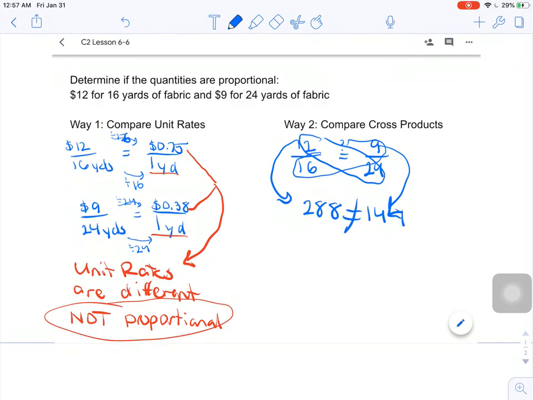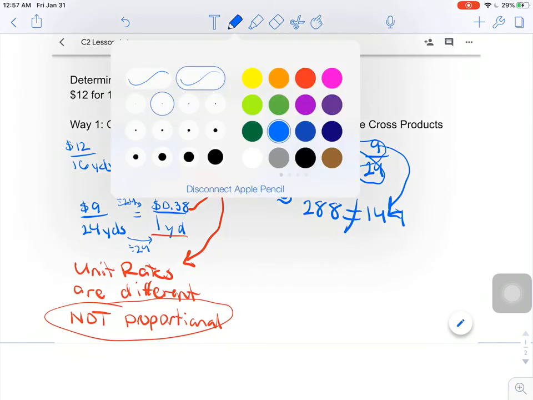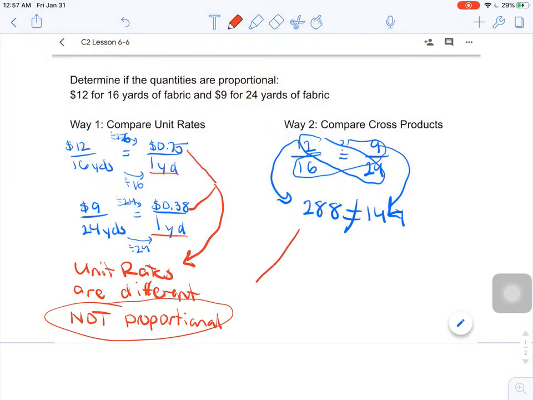Well, those are not equal. So again, that takes me to that final conclusion that these are not proportional. If they were proportional, I would get the same number both directions of multiplying. So that gives you a couple of different ways that you can check and see if a relationship is proportional, if it's following a consistent rate or a consistent pattern.